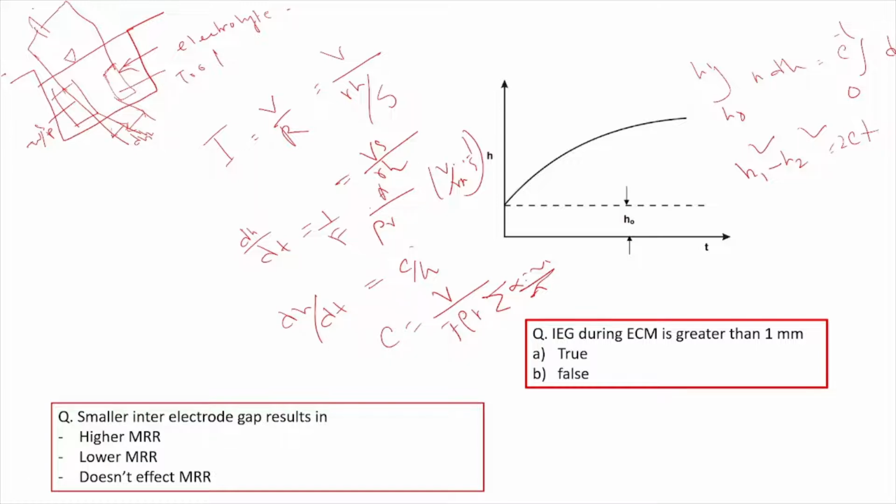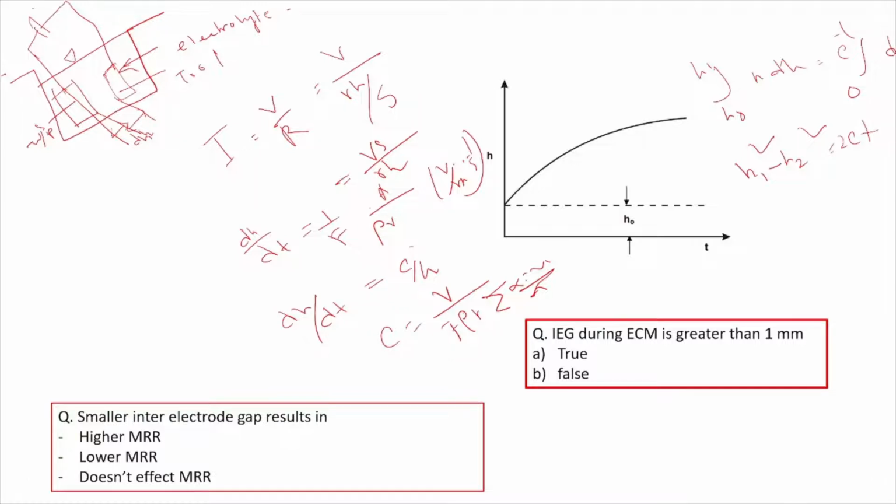You have to remember this relation. The tool-workpiece gap will grow gradually in zero-feed condition, but the dissolution gradually decreases with increase in gap, as the potential drop across the electrolytic solution will increase. So as the potential drop across the electrolytic solution increases, the dissolution will decrease with the increase in the gap between tool and workpiece.